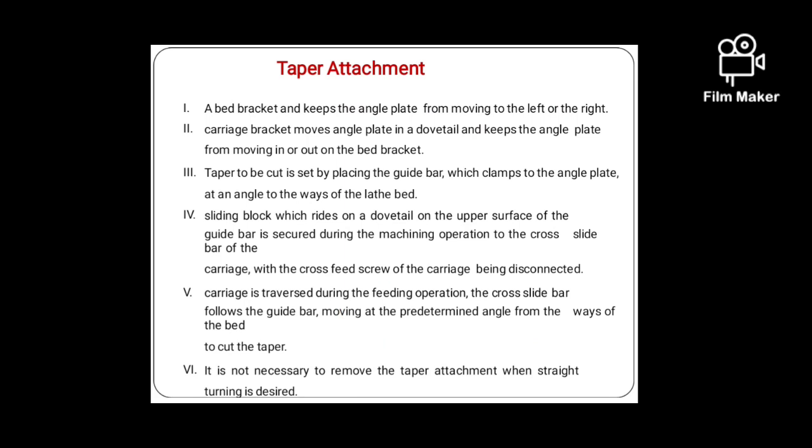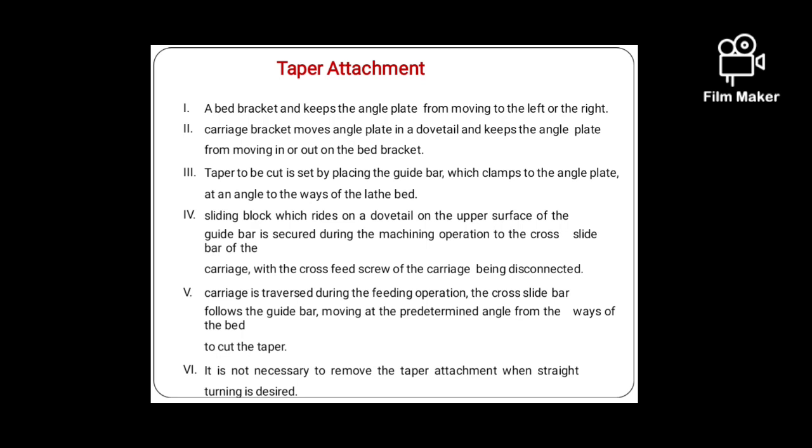The bed bracket keeps the angle plate from moving left or right. The carriage bracket moves the angle plate on the dovetail and keeps it from moving in or out. The taper is set by placing the guide bar, which clamps to the angle plate at an angle to the base of the lathe bed. The sliding block rides on the dovetail on the upper surface of the guide.